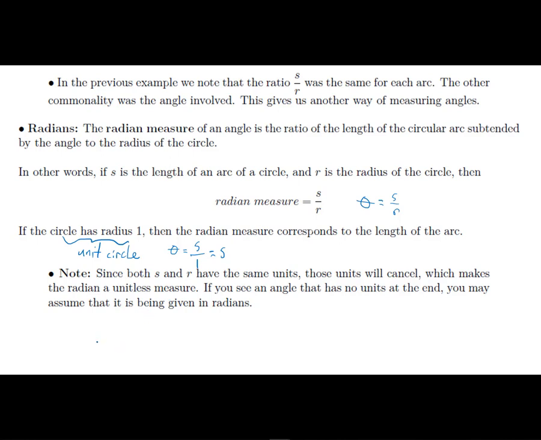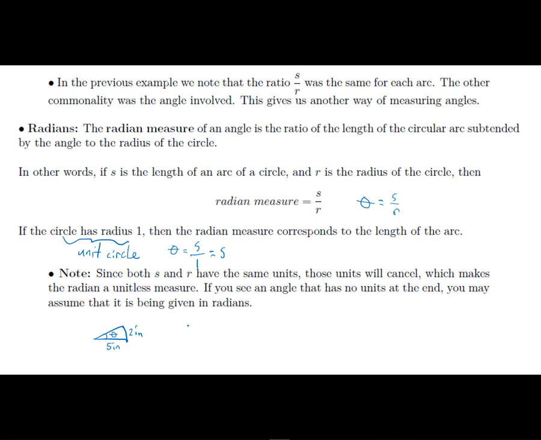And the one other thing to note is that both s and r are measured in the same units. So let's just say for a second that here's a circular arc, and I'm interested in what this angle might be. And let's just say that my radius here is 5 inches and my arc length is 2 inches.